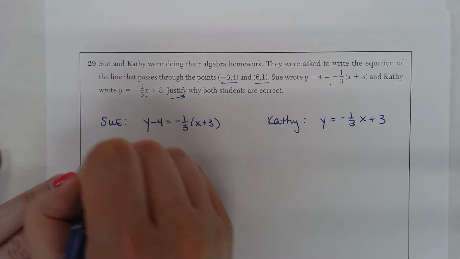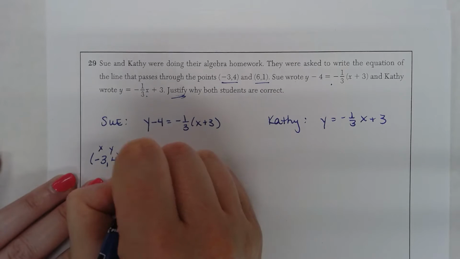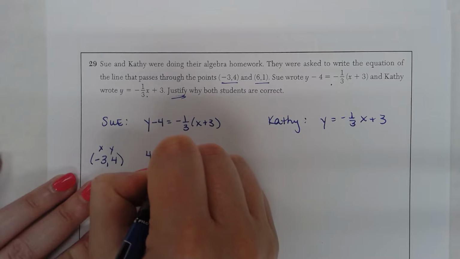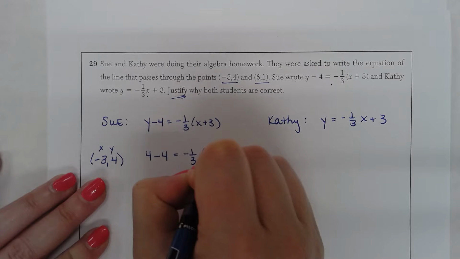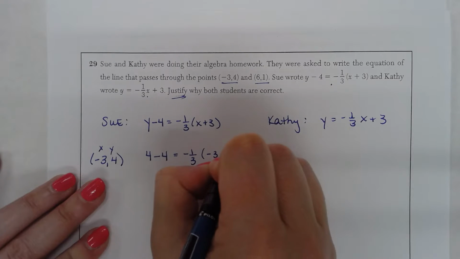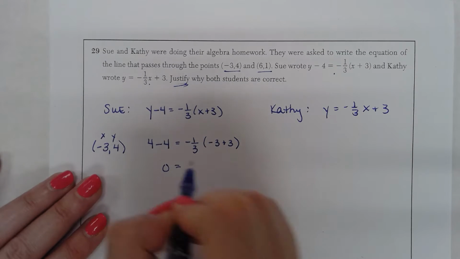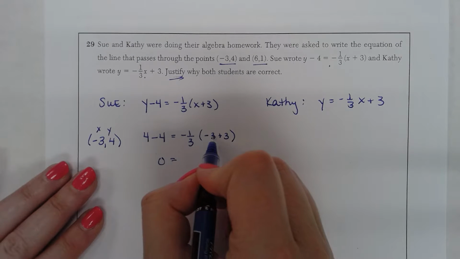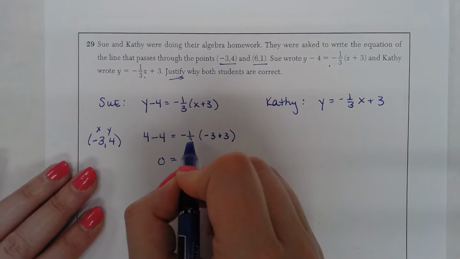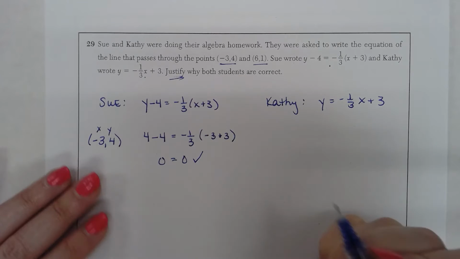So remember, this is x, this is y. Four minus 4 is 0. Negative 3 plus 3 is 0. 0 times anything is 0. So that checks.